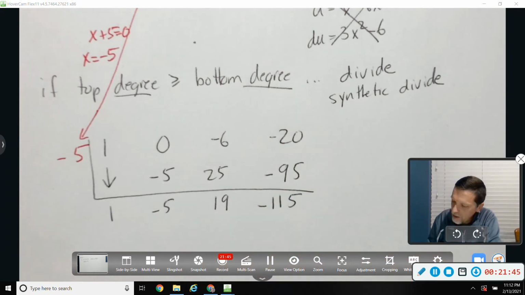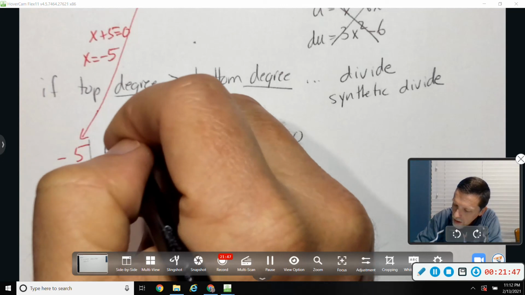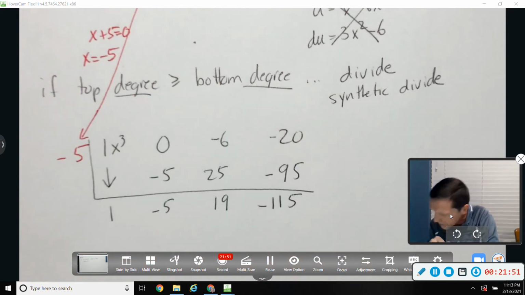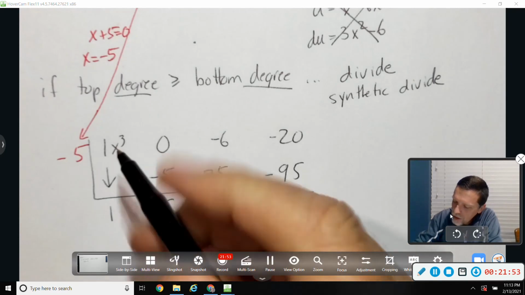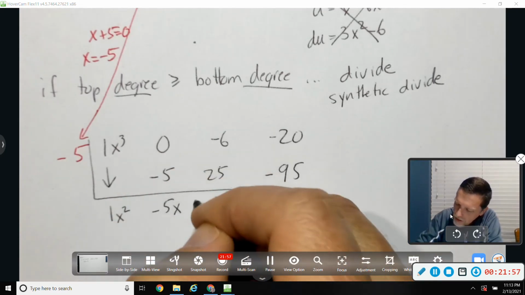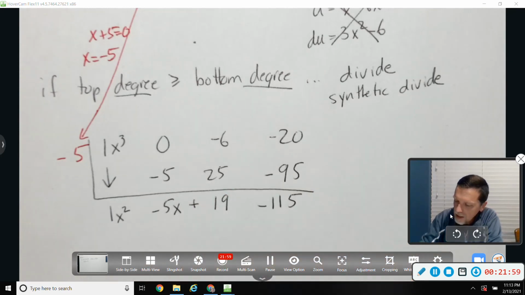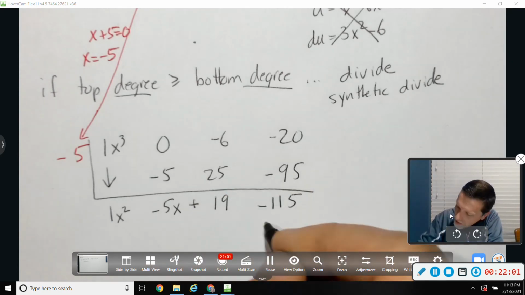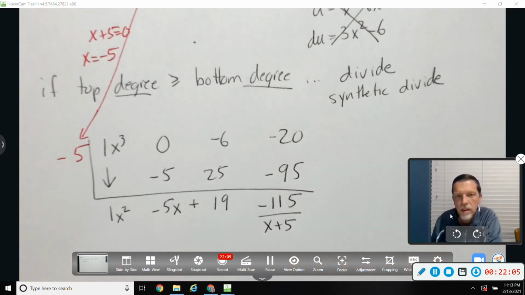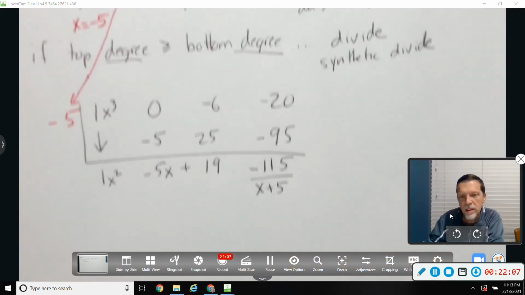And then you've got to think, well, what in the world does that mean? Well, I started with an x cubed, that means I'm down to an x squared, minus 5x, plus 19, minus the 115 divided by x plus 5, what we started with.